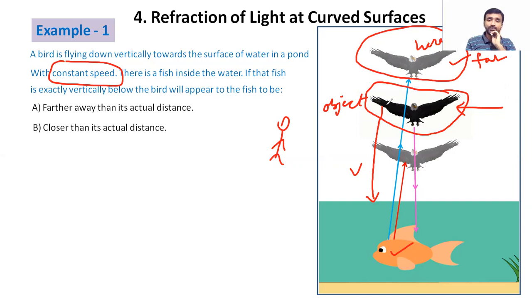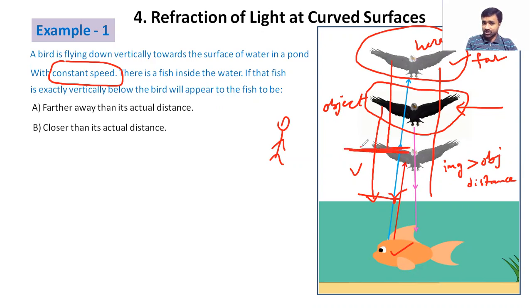Can anybody answer? If it is far, it is covering some distance greater than the object. Image distance is greater than object distance. So simply, if the image maintains the constant speed same as the object, the original bird will reach here, and the image will remain at a certain distance.